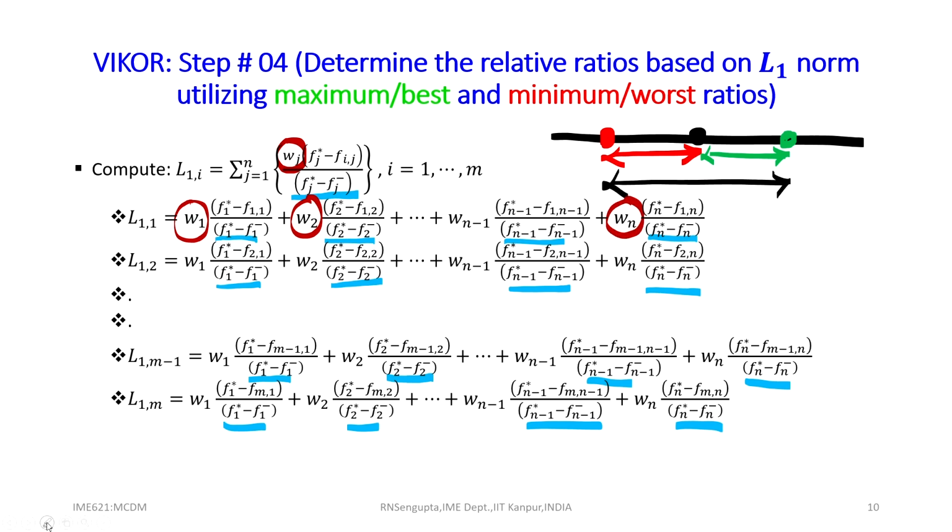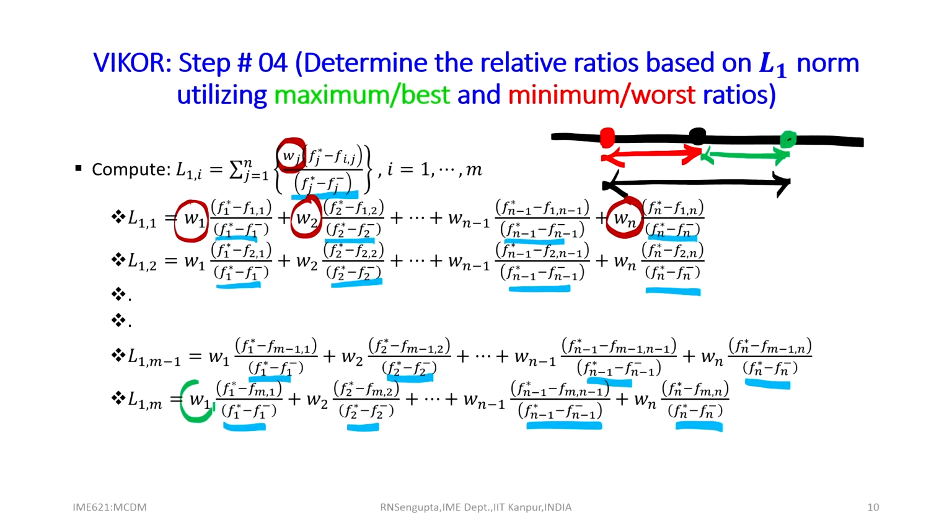If I go and correspondingly do that, I am using a different green color just to differentiate, there is no concept wise difference, W1 for the first and similarly Wn for the last one.